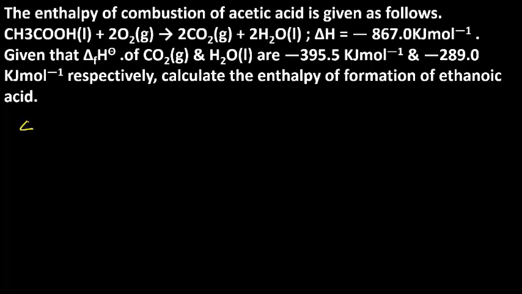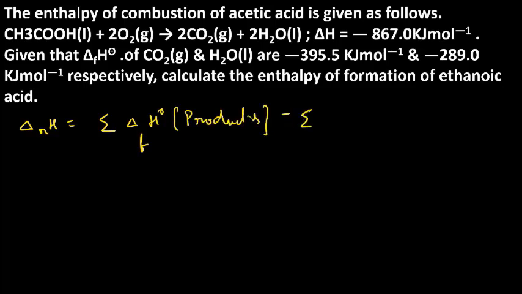So here ΔrH, that is enthalpy of reaction, is equal to sigma ΔH formation of products minus sigma ΔH formation, enthalpy of formation, of reactants. So, equal to, what are the products? Carbon dioxide and water.